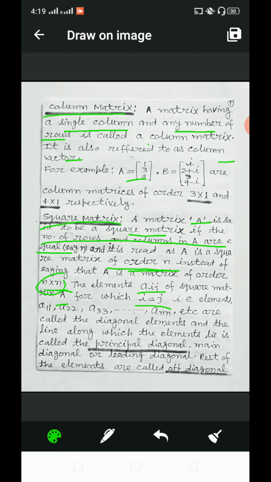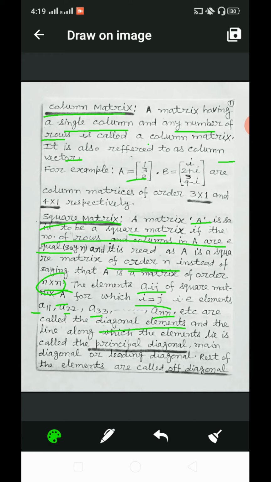In that case, elements a11, here 11 means first row and first column, a22 means second row and second column, a33 the element of third row and third column. So here i is equal to j, 1 is equal to 1, 2 is equal to 2, 3 is equal to 3 and so on, up to ann.